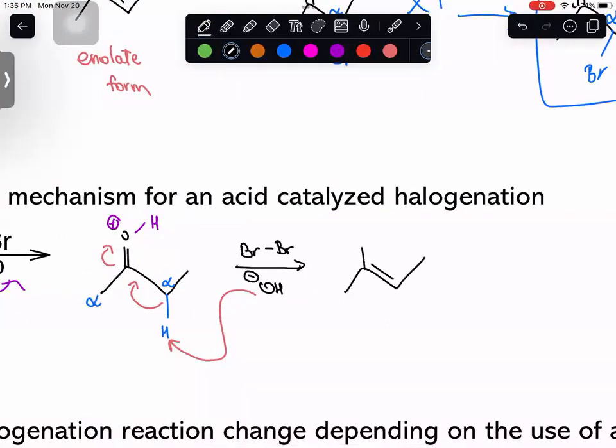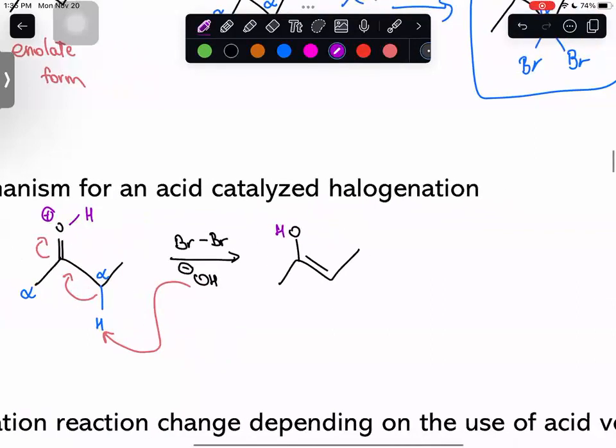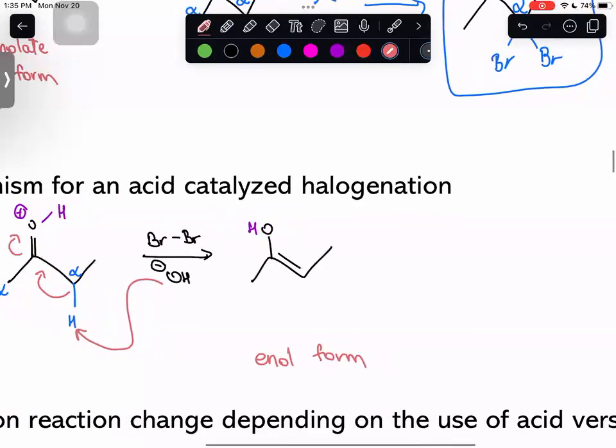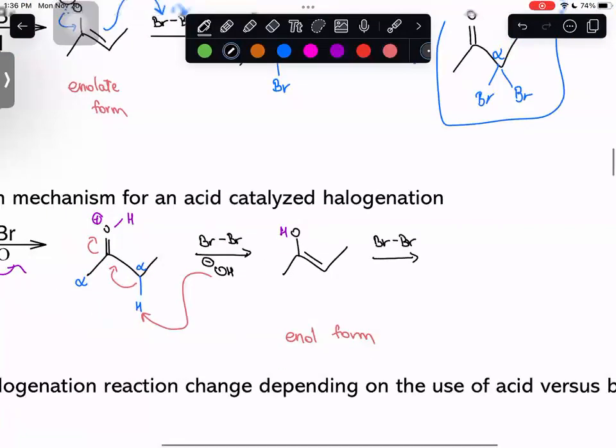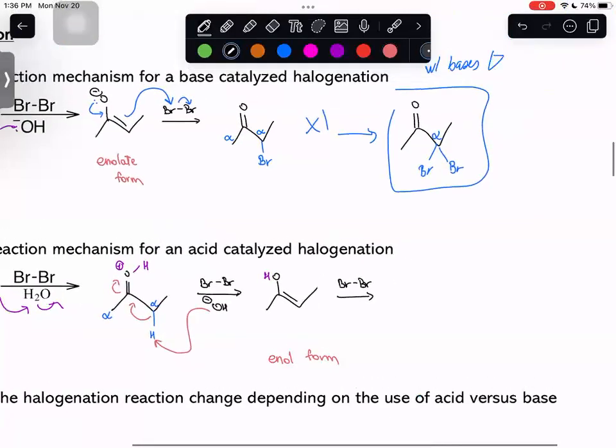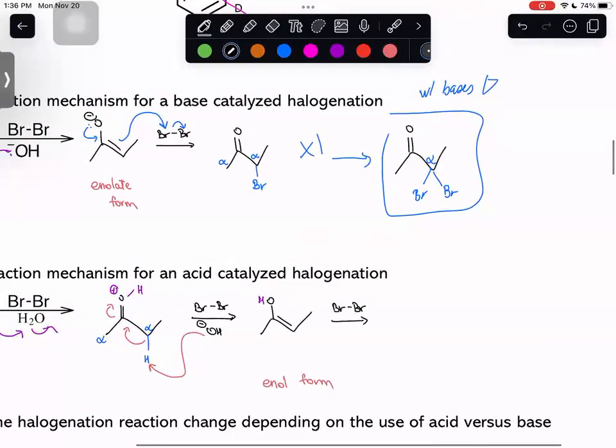So we have little guy, OH, and we know this one is just called your enol form. We still have the bromines left. So what's going to happen? What happened in the previous reaction that we just did?